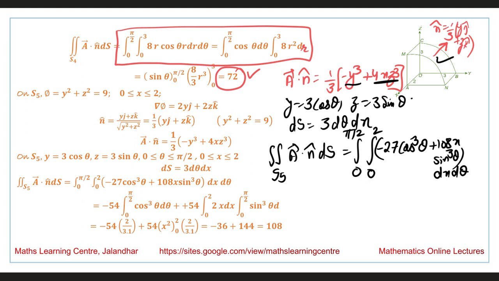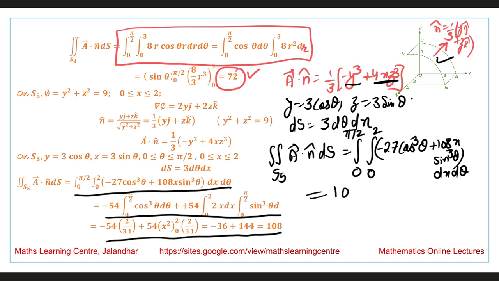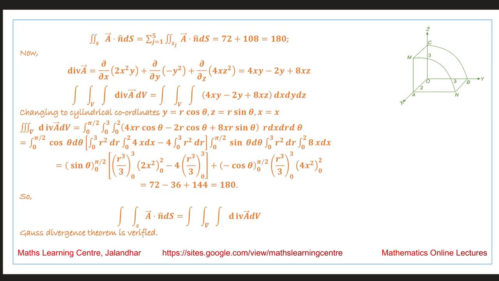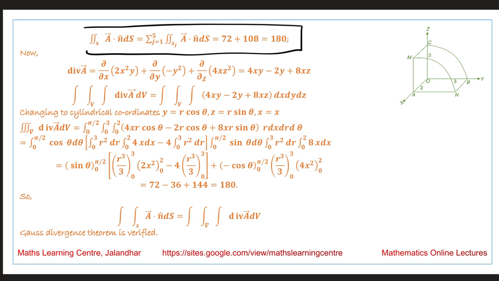On solving this integral, the calculations are shown here, and the answer you will obtain is 108. So the net value we obtain by adding all these 5 integrals is 72 plus 108, and the answer comes out to be equal to 180.